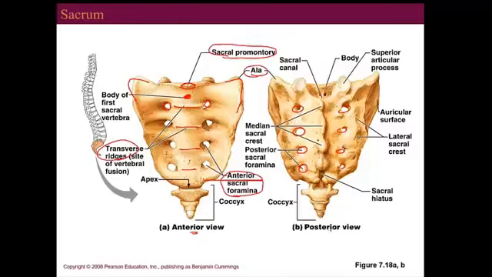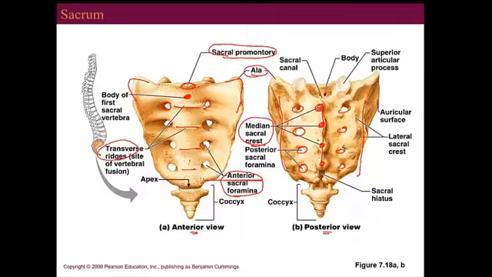Now, the posterior view has a different setup. It has a lot of these sharp corners that you see from the middle and to the side. The middle part, the one that creates the sharpness, we call the median sacral crest. And remember, this used to be the spinous processes of all of those vertebrae.